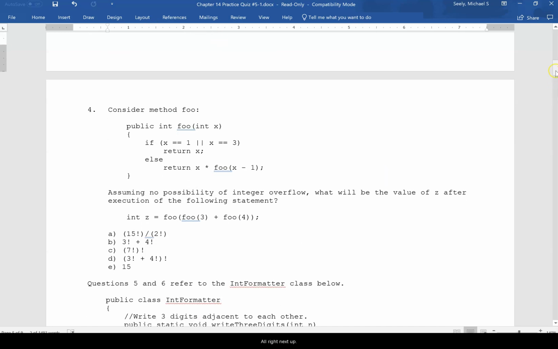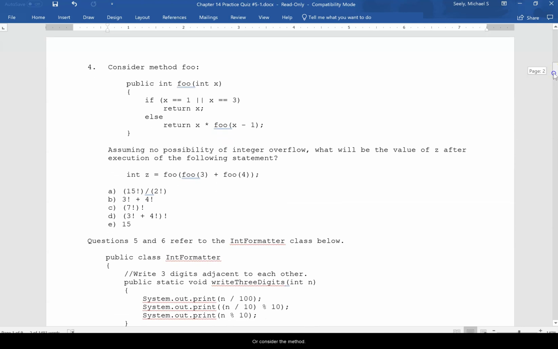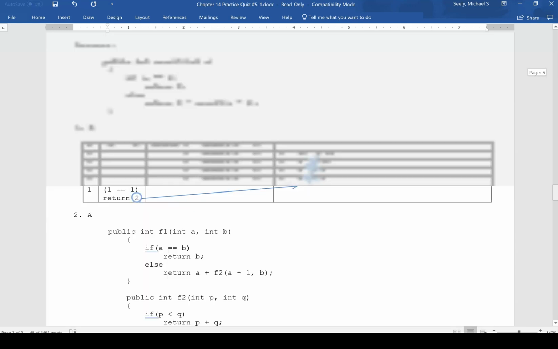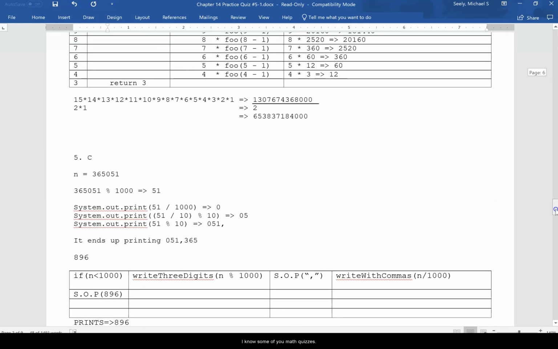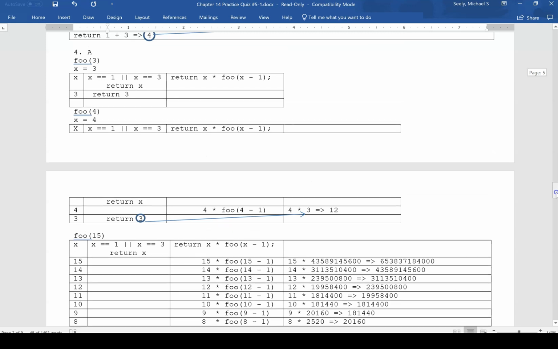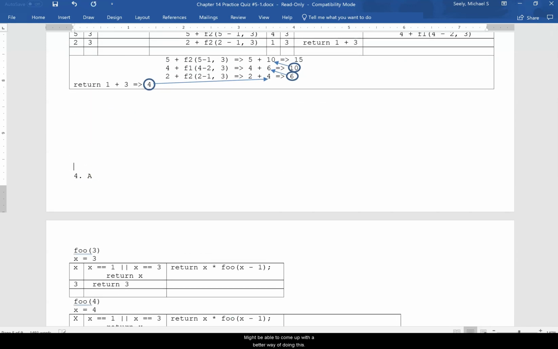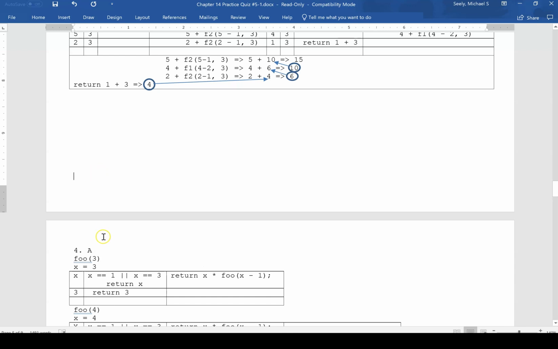All right, next up, 4. Consider the method foo. All right, so now some of you math whizzes might be able to come up with a better way of doing this.